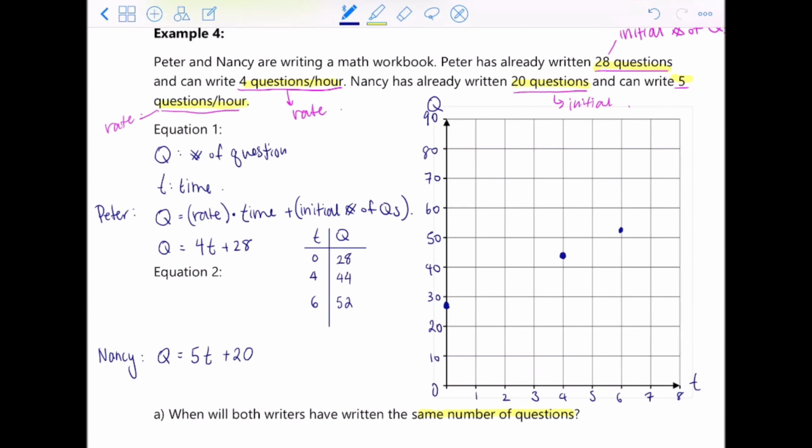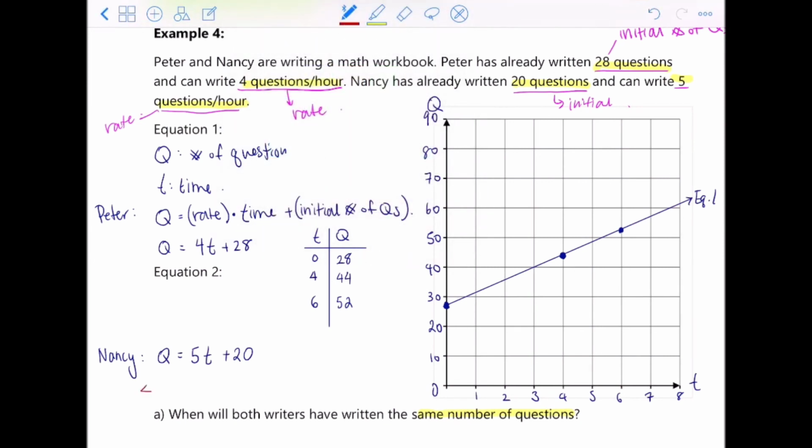Maybe I should have one more. Okay, we'll just leave it and connect the points for now. This is equation 1. And this time you could put an arrow there, who knows how long he could write for. So equation 1 for Peter.